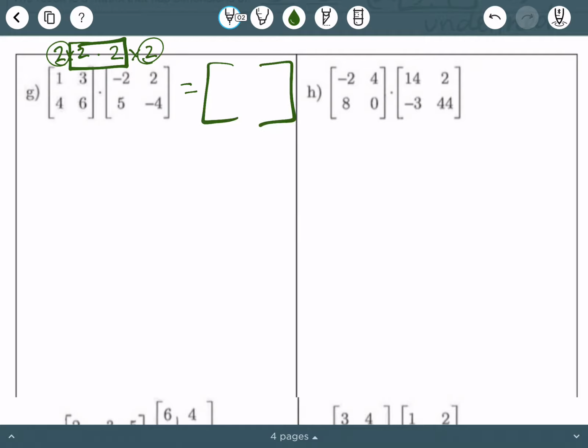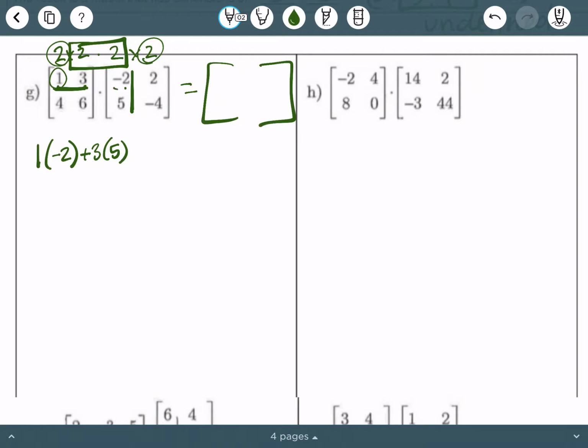So what I'm going to do is look at my first row along with my first column. So I'm going to do 1 times negative 2 plus 3 times 5.